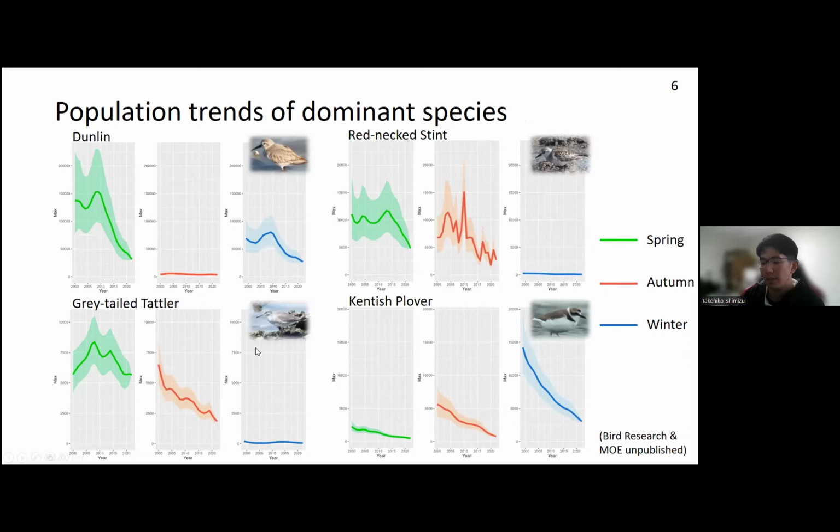In the recent decade, the decline rate seems more rapid than before. Therefore, we should continue to conserve habitats and shorebirds in Japan and the other important stopover and non-breeding sites outside of Japan.